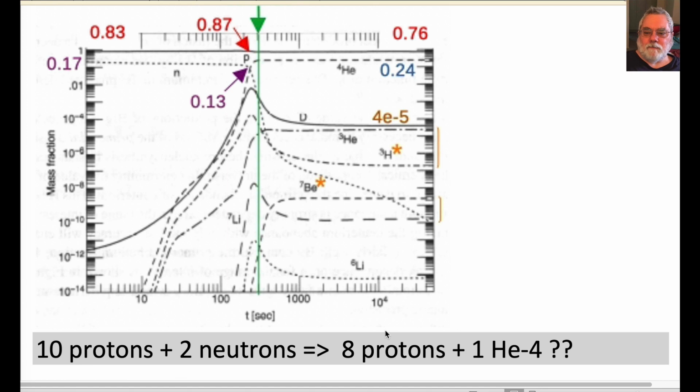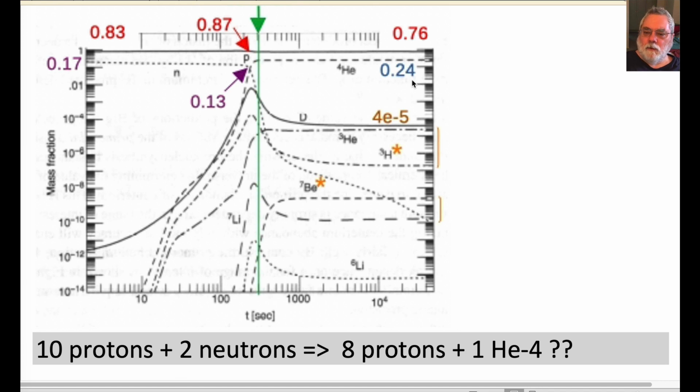The final mass fractions would be 8 over 12 equals 0.67 for protons, and 4 over 12 equals 0.33 mass fraction for helium-4.